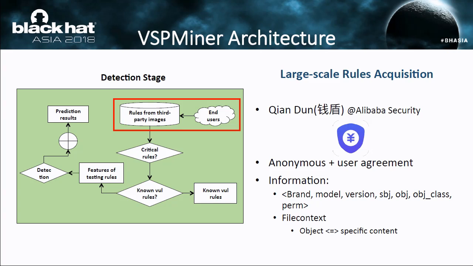So we will acquire the information as seven tuples, like the brand, model, and version, and the following is the rule information. And we also collect the file context information, because with the help of this file context, we can map the object to the concrete objects. And this will be used in the vulnerable rules analysis.